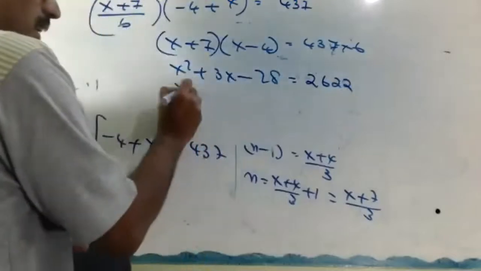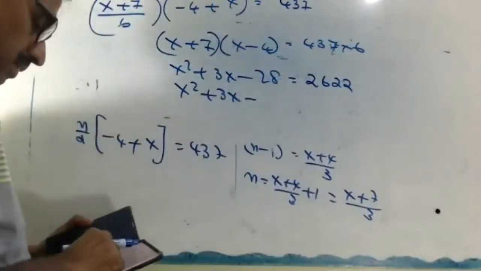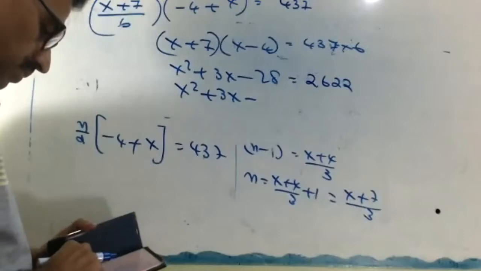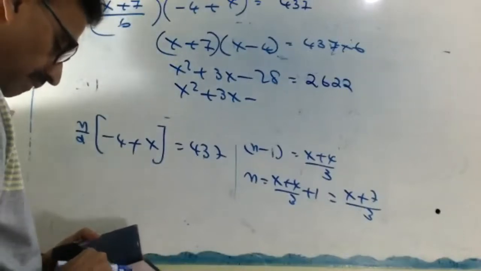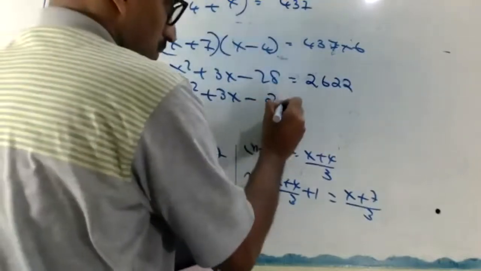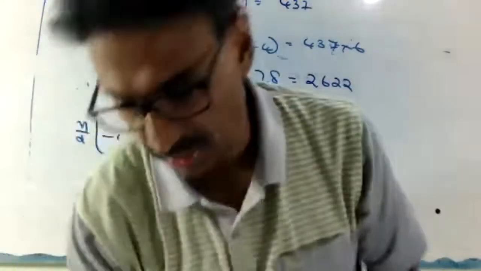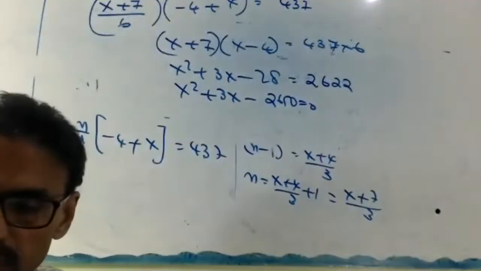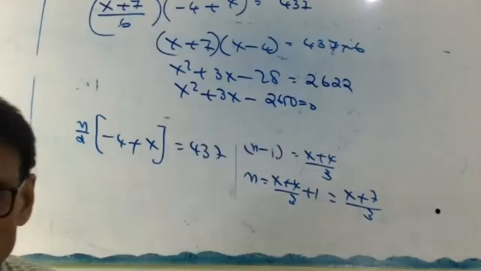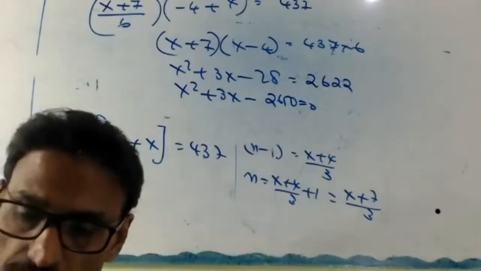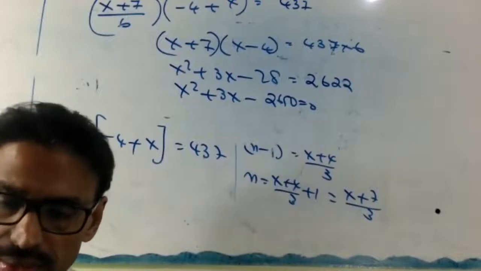Okay, then x square plus 3x minus 2622 plus 28, 2650. Now go to b square minus 4ac, then you can find out. Go to b square minus 4ac and get the value of x. If you are very good in splitting, then okay. You will get x equal to 50.